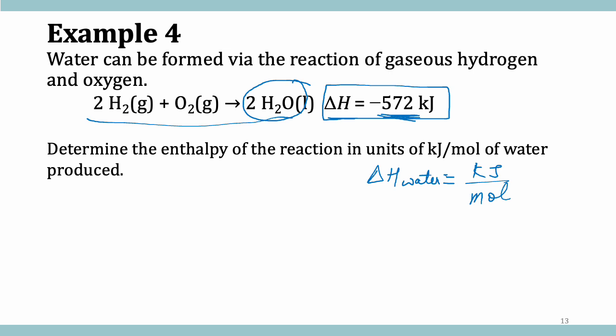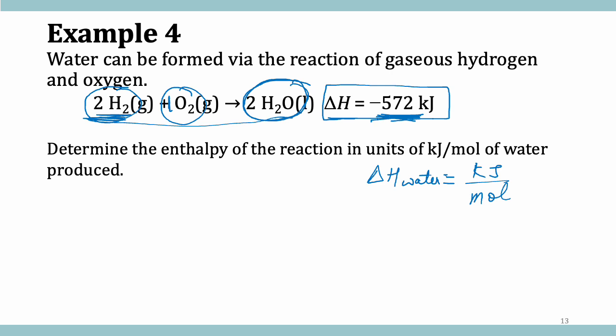Whenever in a chemical reaction you see delta H, that means it says for 2 moles of hydrogen, this is stoichiometry and thermochemistry. Okay, so for 2 moles of hydrogen gas, how much heat is released? Negative 572. For 1 mole of oxygen, same amount of heat is released. For 2 moles of water, this much heat is released.